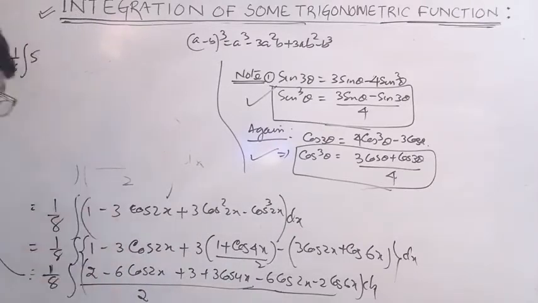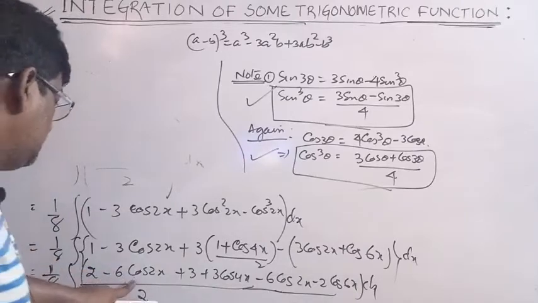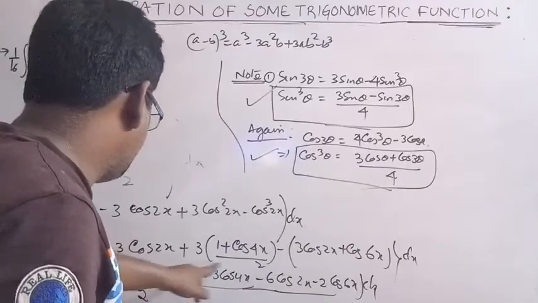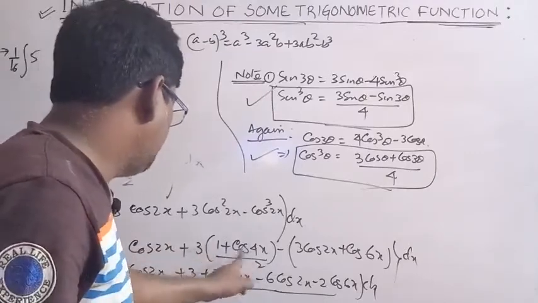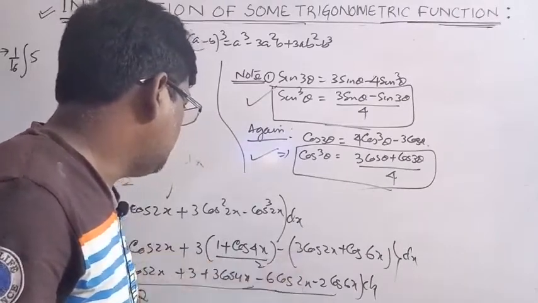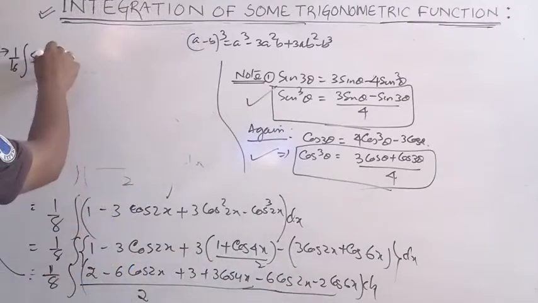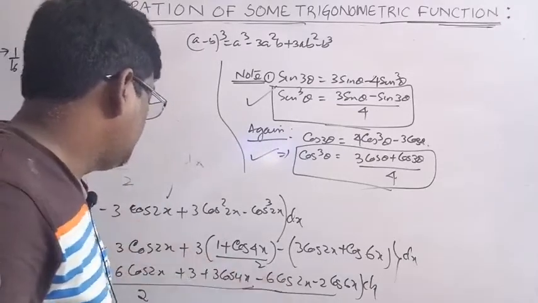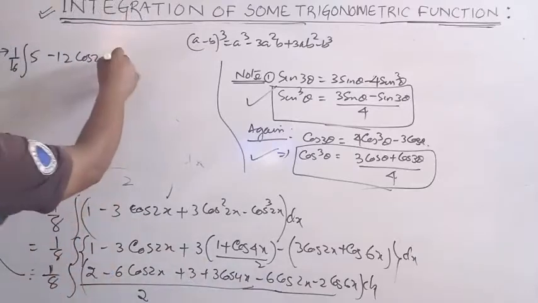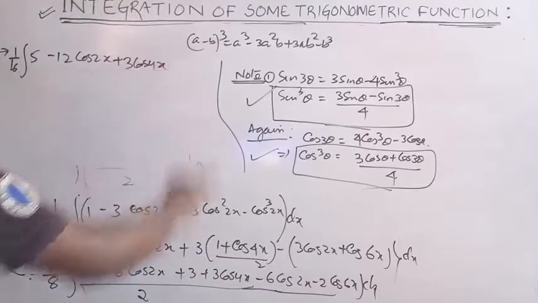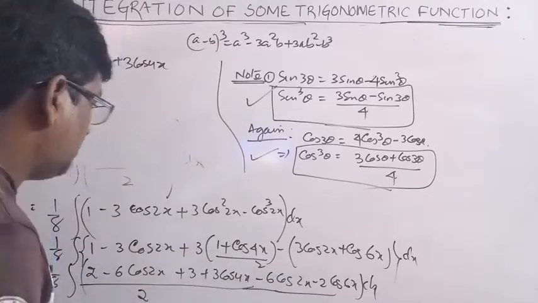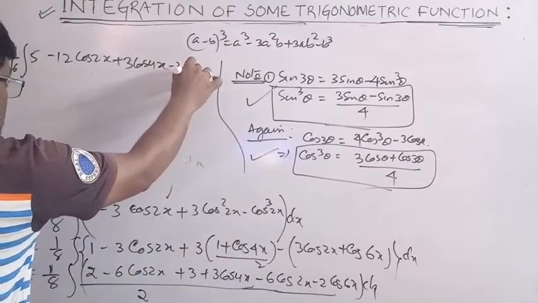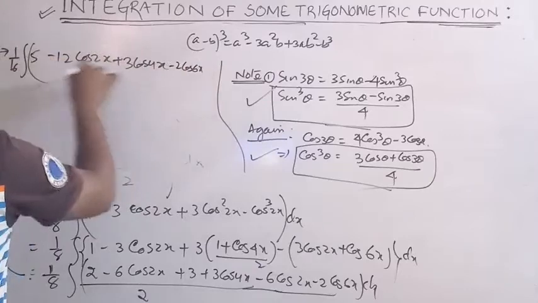Integration of 5 minus 6 cos 2x minus 6 cos 2x. Here, minus 2 into minus 3 is 6, 3 plus 3, and this is 2 into minus 3, minus 6 cos 2x. So this is minus 12 cos 2x, then 3 plus 3 cos 4x, minus 6 cos 2x, minus 2 cos 6x, into dx.